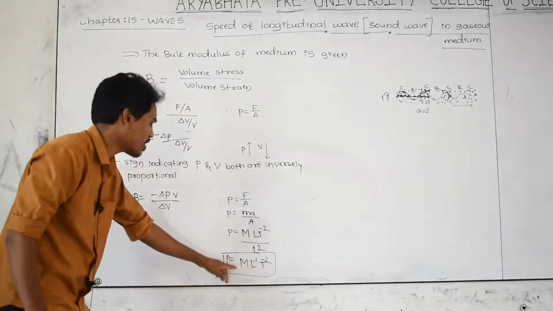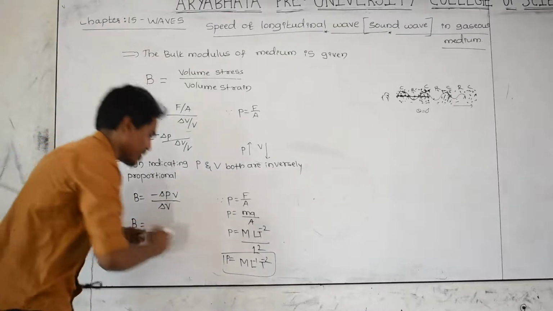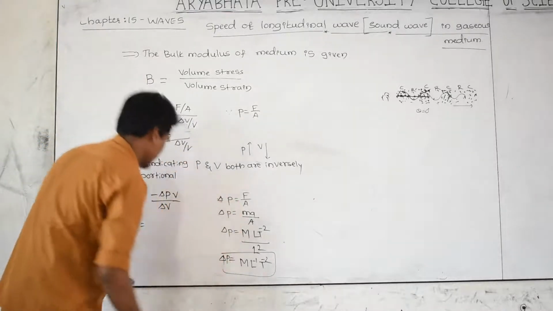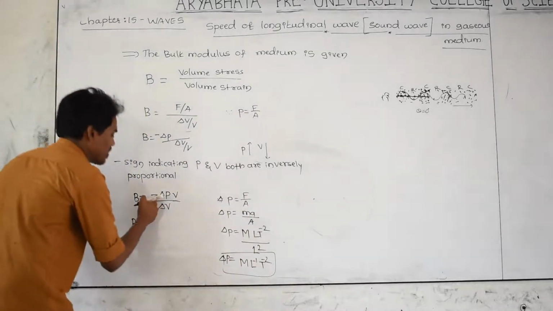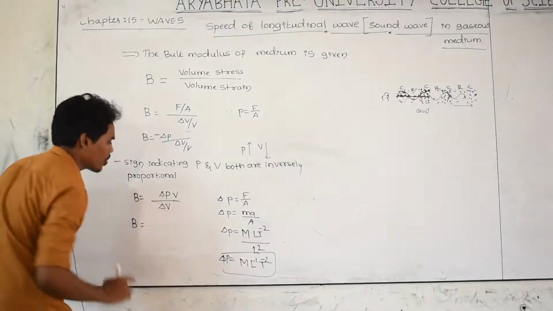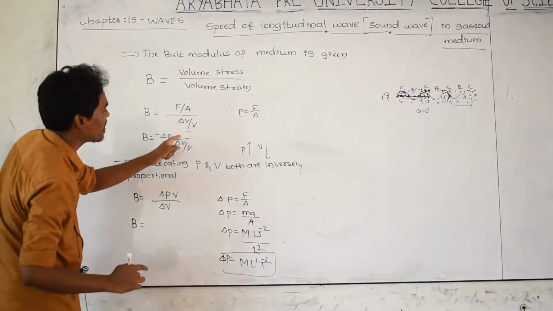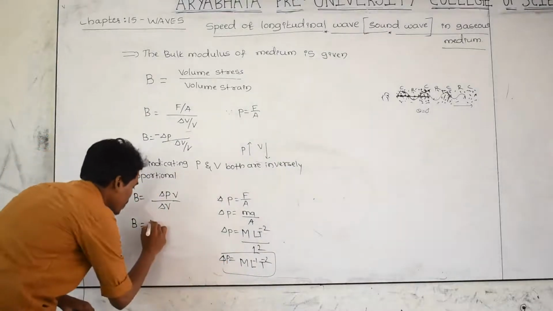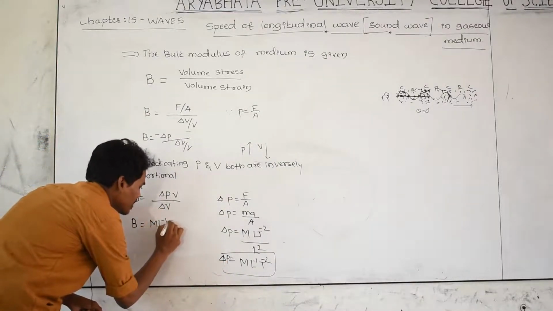This is the dimensional formula of pressure, means delta P. Leave the minus sign, it is just indicating the relation between pressure and volume, that's all.